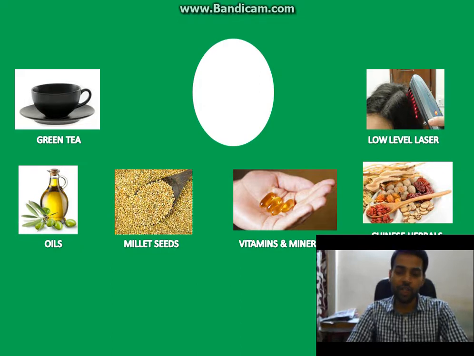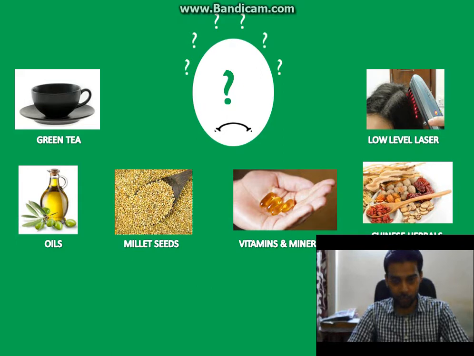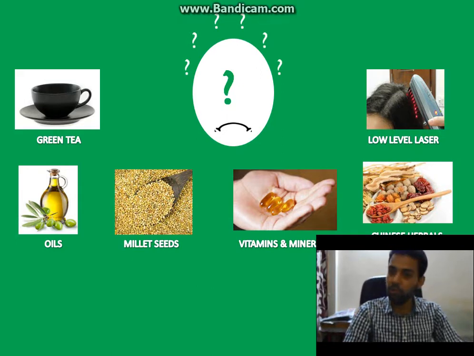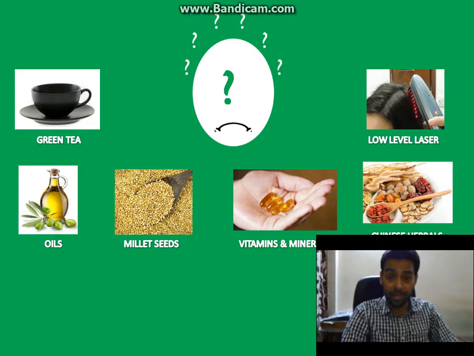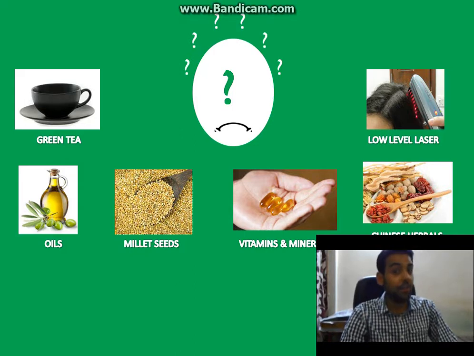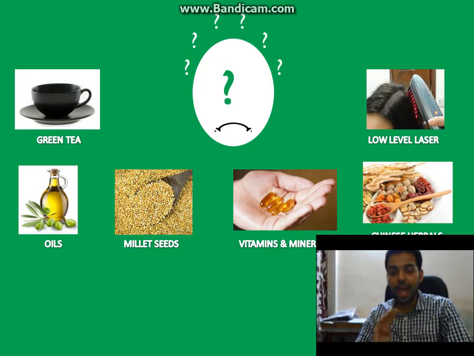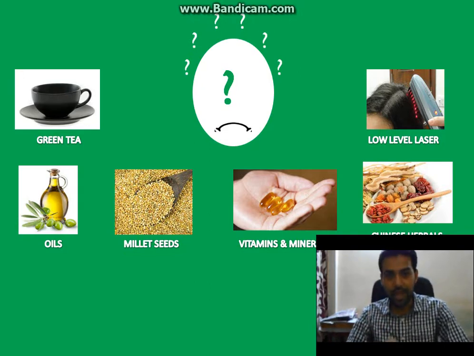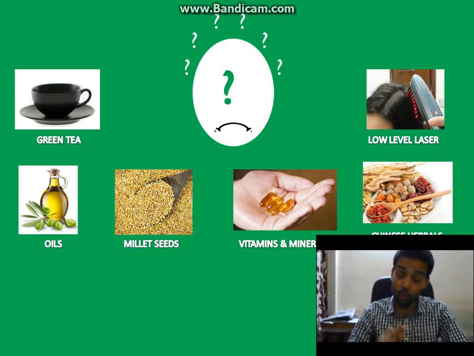There is no sufficient data that these treatments really work in androgenetic alopecia. They work for some but not for others. We don't have any proof, we don't have any evidence, but there are 4 treatments which actually work. We have the proof, we have the evidence, they have worked in the past.